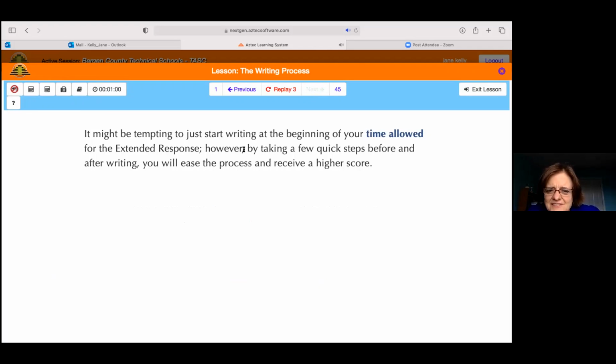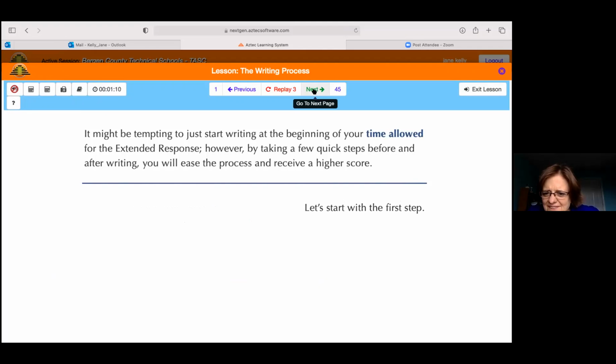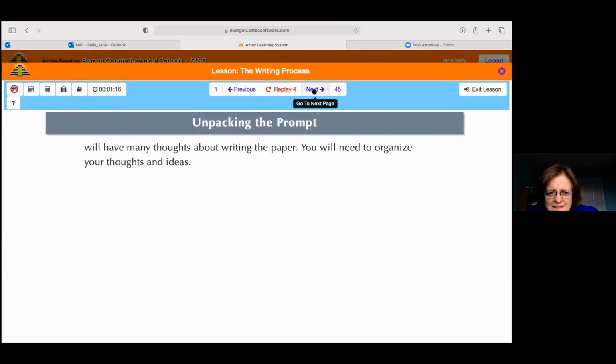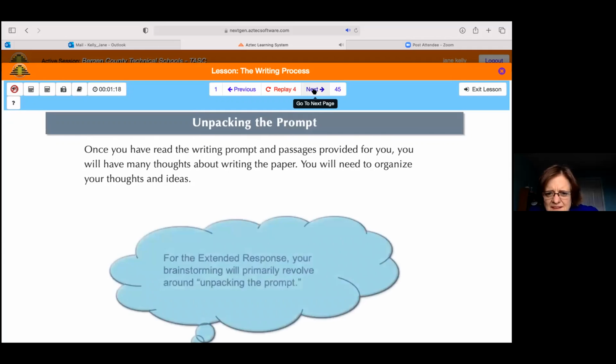Okay, so this is some really good advice. I think any of us who have taught writing have said this: don't just start writing or typing the second you can. You have to plan. So the first step. You see that it is designed for the task test.